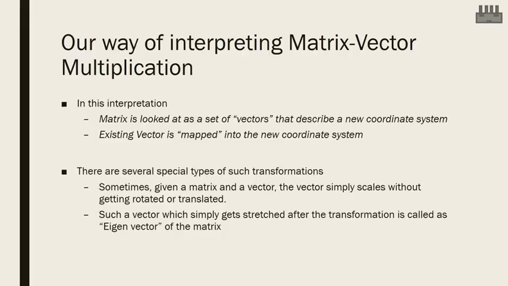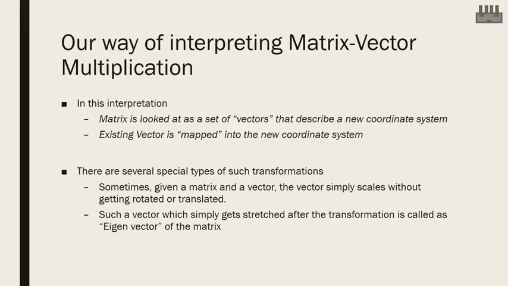And there are some special types of transformations. For example, given a matrix and a vector, when you multiply them, you find the actual coordinate in the old coordinate system for a vector. In some cases the vector does not move at all. It is in the same place, it just gets stretched a bit, right? In this case, we saw we moved from 1 comma 2 to minus 3 comma 4. There was almost a left rotation as well as scaling, right?